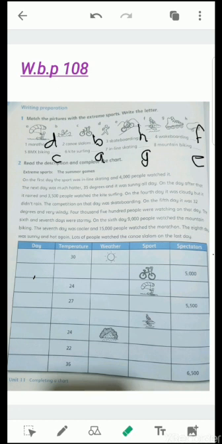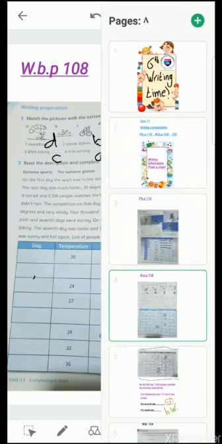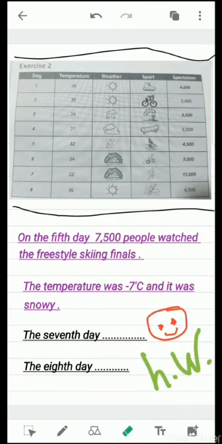After that, we have another information, another paragraph, and another chart. The same thing that we're going to do is to read the paragraph, then fill the chart with the most important information. Day 1, the temperature, weather, sport, spectators. Of course, while you are reading, you are going to fill this chart. I have given you the most important details in this chart.